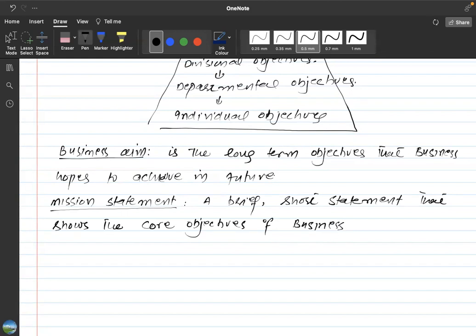We may also call it, if the objectives of business are described in the statement form, this is called mission statement. Mission statements are phrased in such a way that they help to motivate the stakeholders that are attached with the business. They also stimulate the interest of the external groups of the business towards the business. We may also call it that the mission statement shows the core reason because of which business exists.